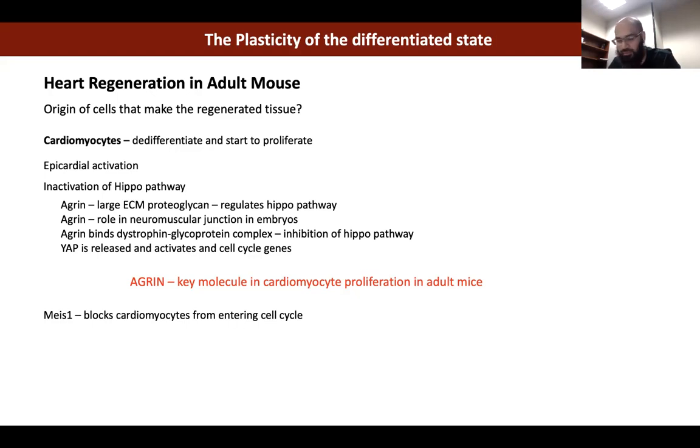And this is an area where there's a lot of research going on, and this could be quite beneficial for heart patients. It would be interesting to know if humans have the same signaling pathways and molecules present. But as we have seen previously, mouse and human embryonic stem cells are different in their growth requirements.